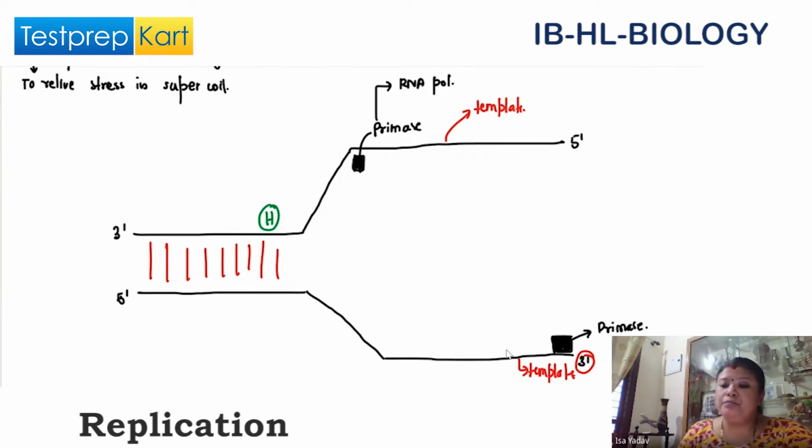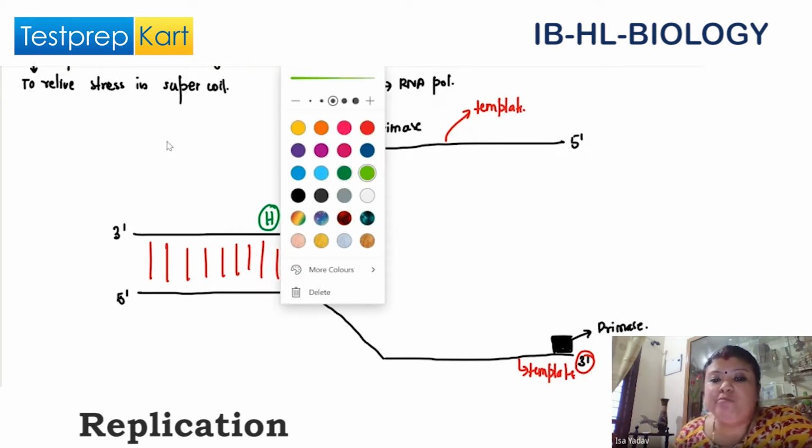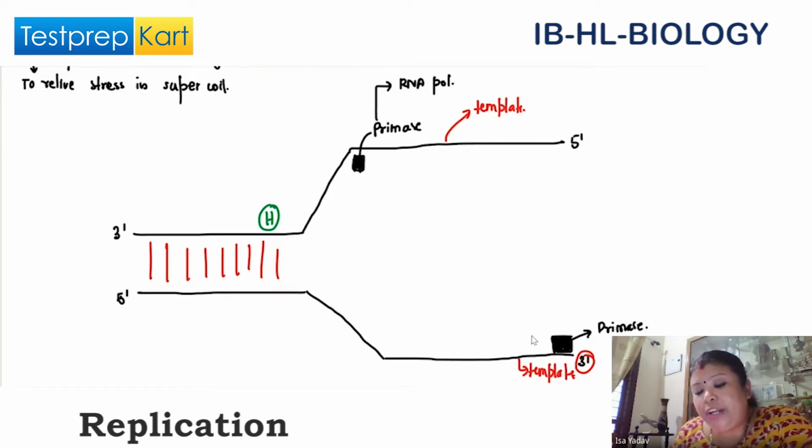So primase. What will primase first do? Use a lighter color. It will start adding oligonucleotides, RNA nucleotides.